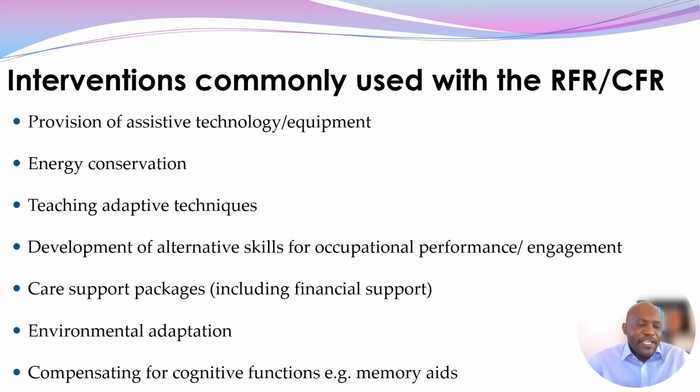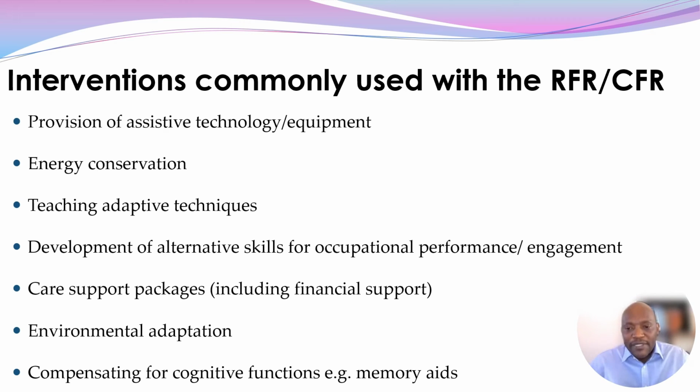Coming to the interventions, both when using the rehabilitative frame of reference and the compensatory frame of reference, these are some of the interventions commonly used in occupational therapy. These are around provision of assistive technology or equipment, energy conservation techniques, which are compensatory techniques, teaching adaptive techniques, and development of alternative skills for occupational performance or engagement. We might also look at care support packages.